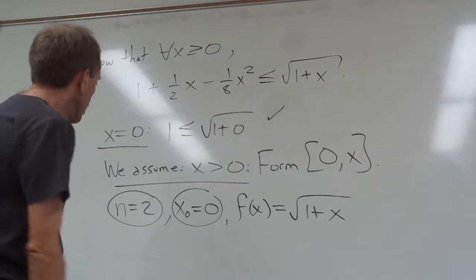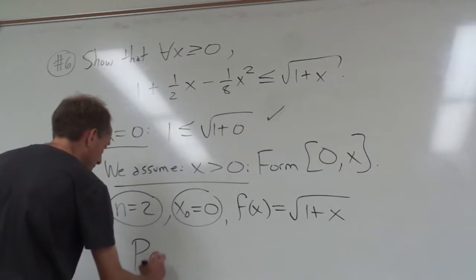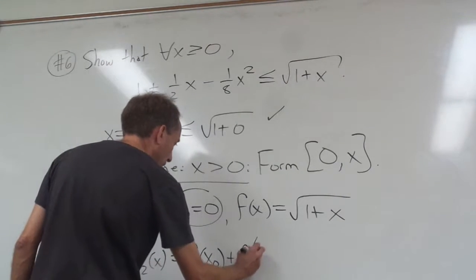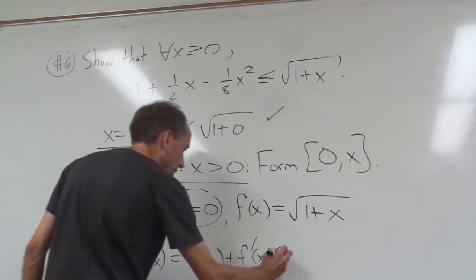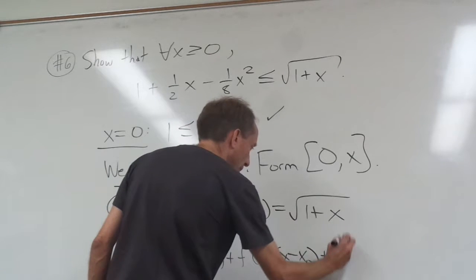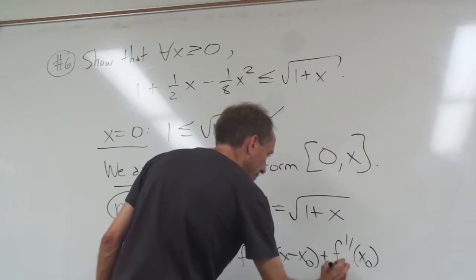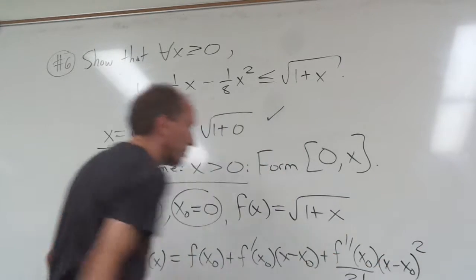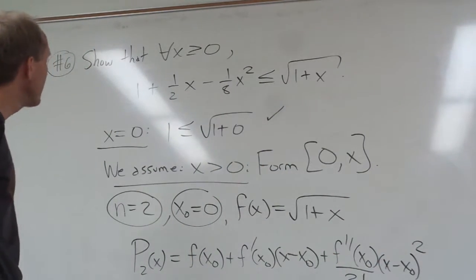So what is p2 of x? This would be the Taylor polynomial of degree 2. I'll write down the formula for the Taylor polynomial of degree 2 again. Looks something like this. So there's my Taylor polynomial of degree 2.